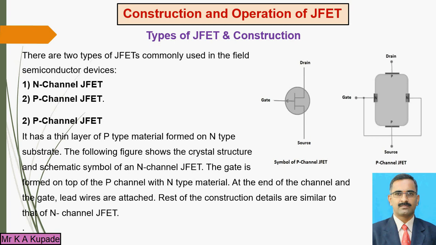That means N type material is used for the gate, so this symbol indicates the P channel JFET type. The operation I just discussed for the N channel is the same for the P channel. Only the polarity of the supply changes; the entire operation is the same.